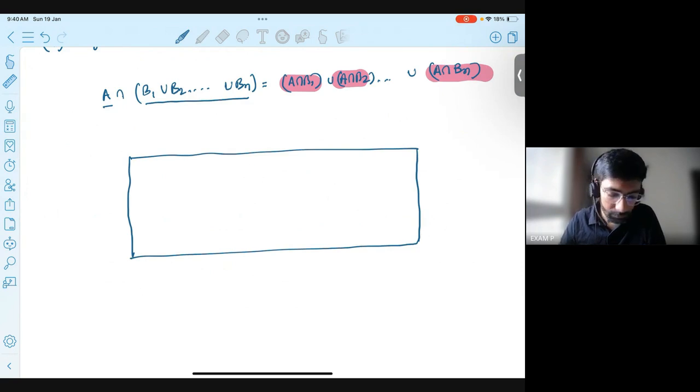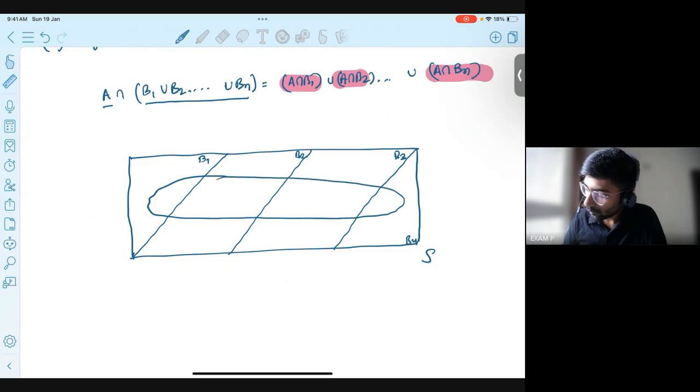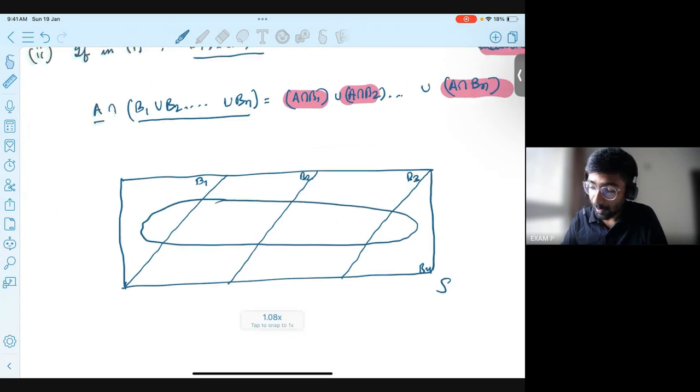If this is the entire sample space, let's say, and here you have B1, then you have B2, then B3 and B4, let's say. So this is the range of B1, this is B2, this is B3, and the last one is B4. Now if you have a set A here, what did we try to do?